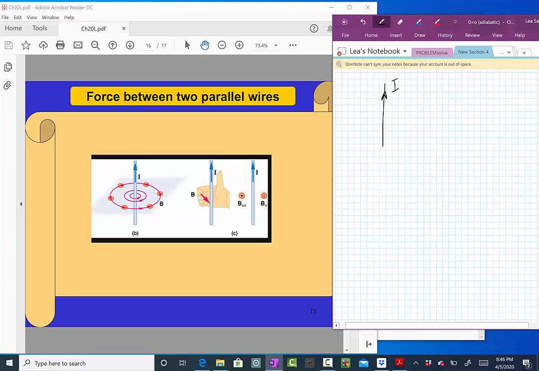Right on this right side of the wire, we have the magnetic field going into the page. On the left side of the wire, I have the magnetic field coming out of the page. So being able to see this is going to be important for what is coming next. Be sure you understand that before you go to the next slide.